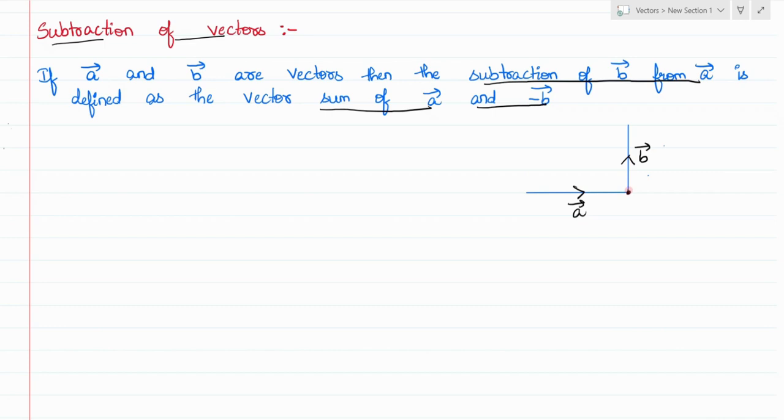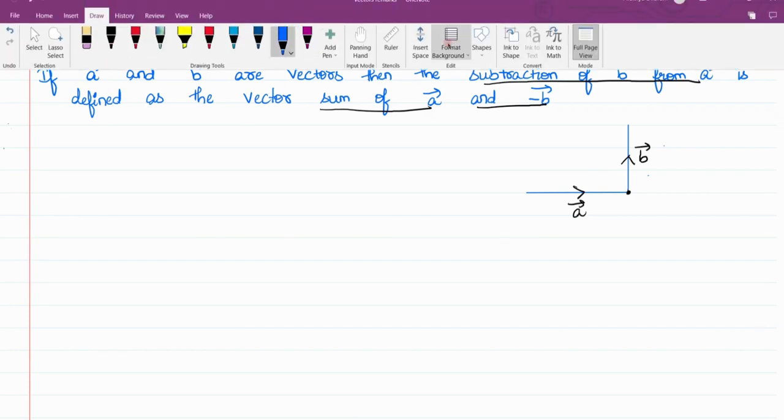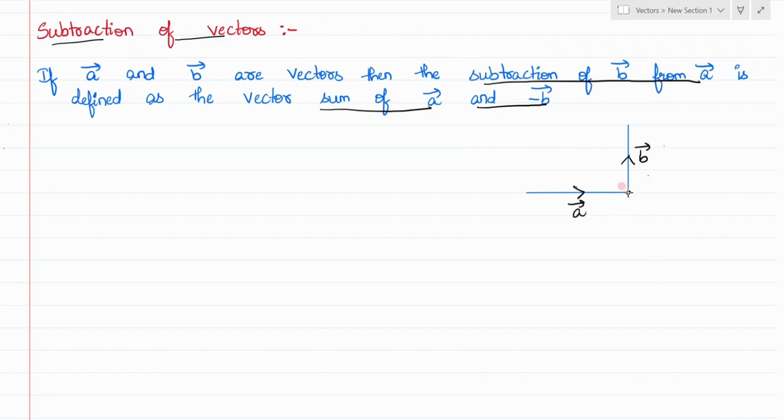Now, we need to subtract, so we need to take the minus B vector. To take the minus B vector, we're going to take it like this in the downward direction. So now it became the minus B vector. Now this A vector and minus B vector represent the two adjacent sides of the triangle.